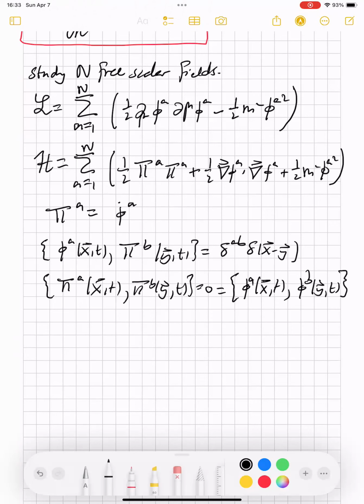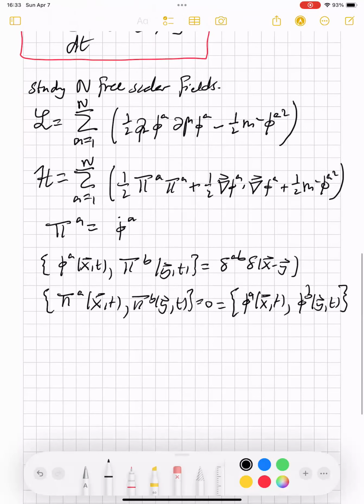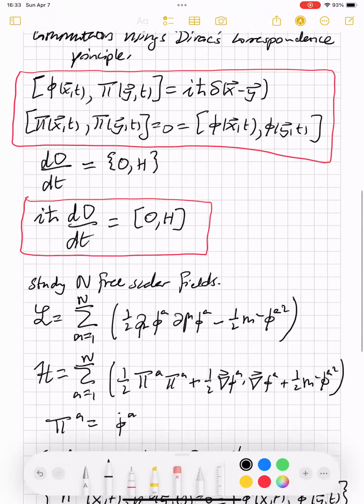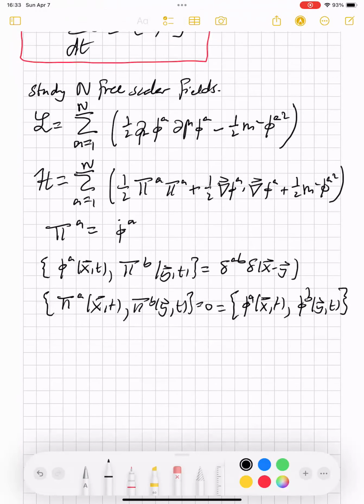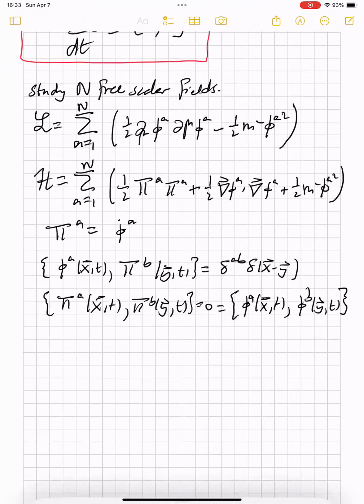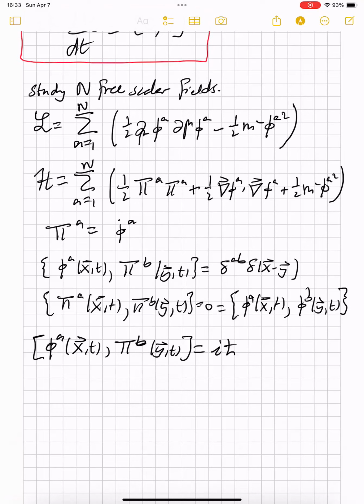And then you could promote these Poisson brackets to commutators, and you would again have the quantum theory, but now of n free scalar fields, okay? And let's maybe just write down one commutator. So φ_A(x,t) and π_B(y,t) would be, well, I need an i h bar δ_AB δ(x minus y).